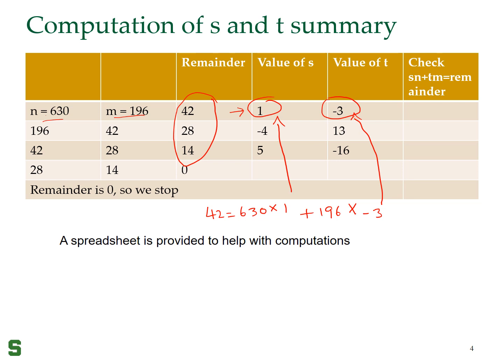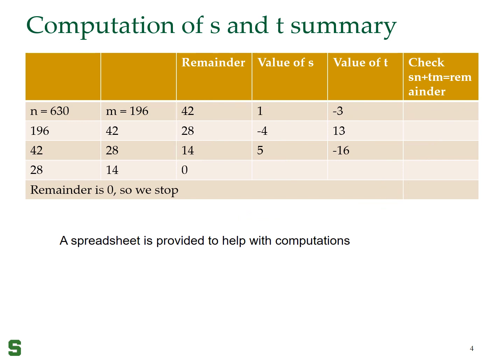You can verify that this adds up to 42, which is what is expected. We continue this for every iteration, and when we get to this entry, we have reached the GCD, and these values will be the values that we need for Bezout coefficients for 630 and 196.